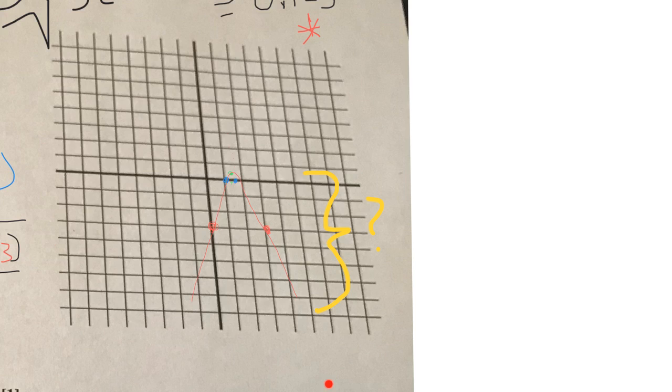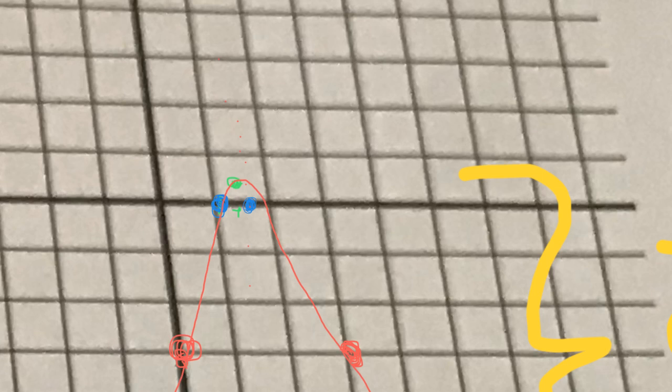So negative infinity is in the range. But what's the highest y value? The highest y value is this right here, whatever this y value is. Well, that would be the y-coordinate of the vertex, right?